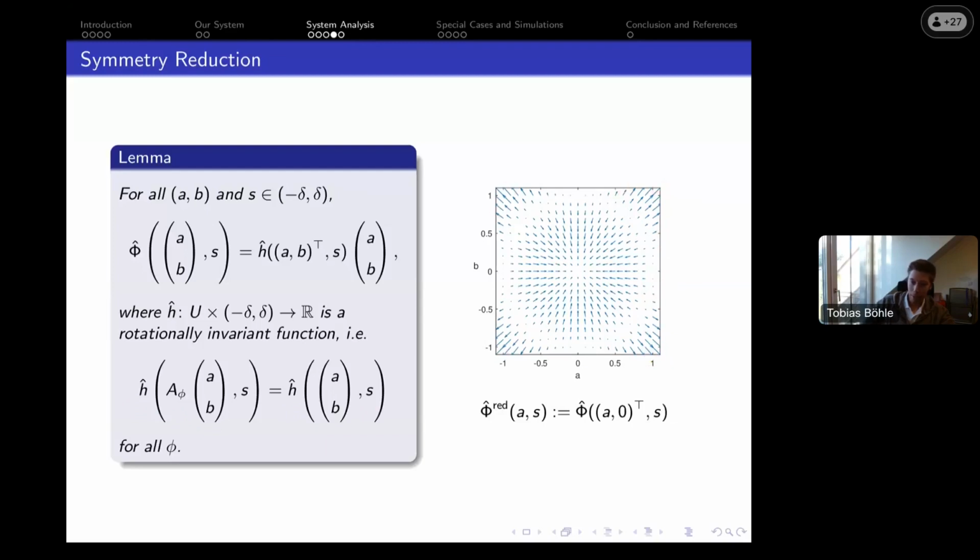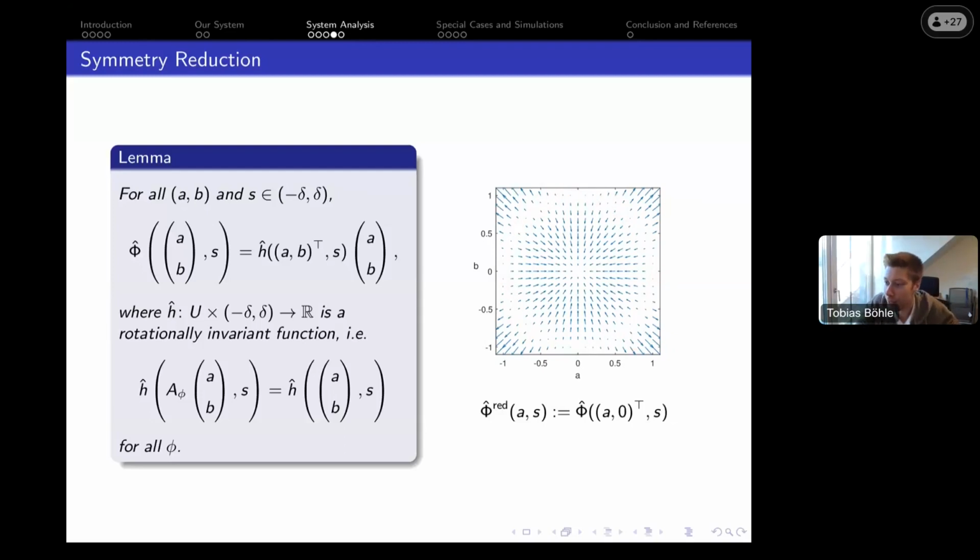And because h hat is rotationally invariant, a solution that is here, or a zero, which is somewhere here, will produce zeros that are all over this circle here. Because then you can always rotate this vector AB around this circle, and because h is rotationally invariant, all the other points on the circle will also be zeros.